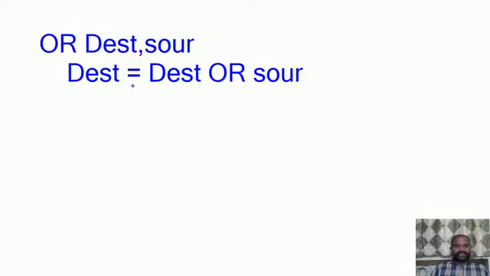So this is about the OR operation. Let us see the NOT operation also. NOT performs the ones complement operation. NOT destination performs the ones complement operation on the content available in the destination.